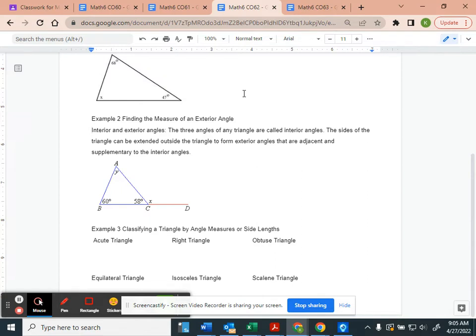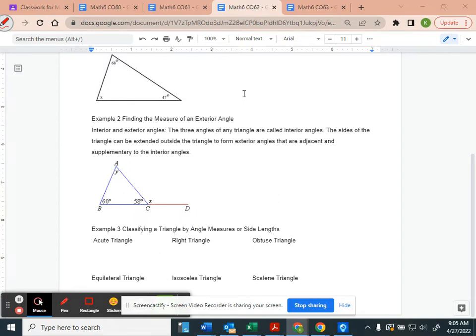Interior angles are inside the triangle. Exterior, you have to exit out of the triangle, it's on the outside. So the sides of the triangle can be extended outside the triangle to form those exterior angles that are adjacent and supplementary to the interior angles.